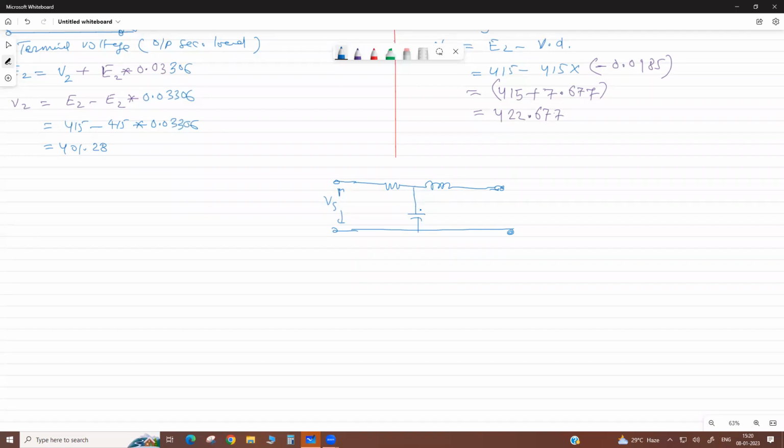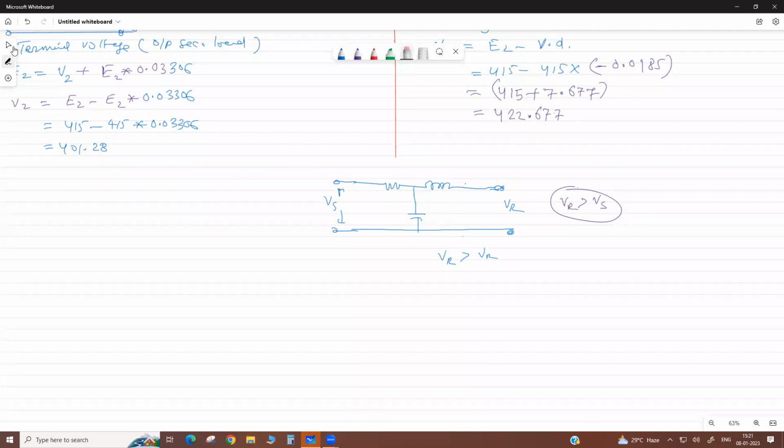So due to this high shunt reactance, your receiving end voltage is greater than the sending end voltage. That is called the Ferranti effect, due to the shunt capacitance, because in a long transmission line the capacitance to ground is very high.